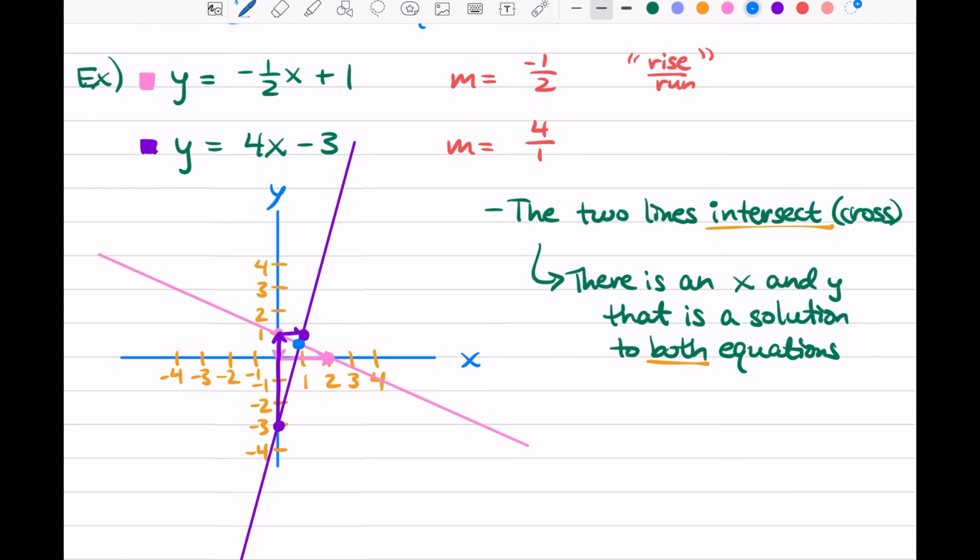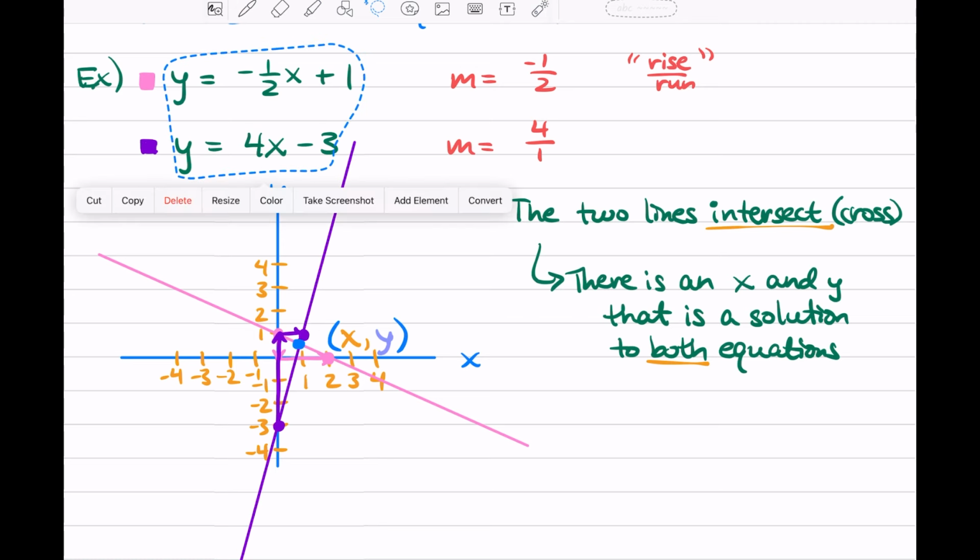So let's mark the coordinate for our blue point with an orange x and a purple y. This orange x and purple y, that is a solution to both equations. So let's bring down our two equations.